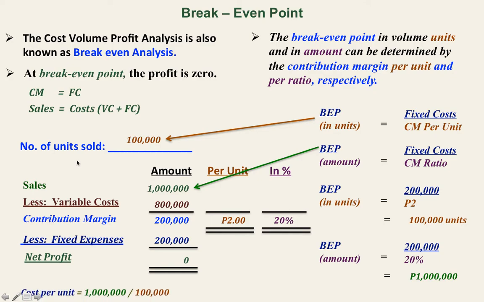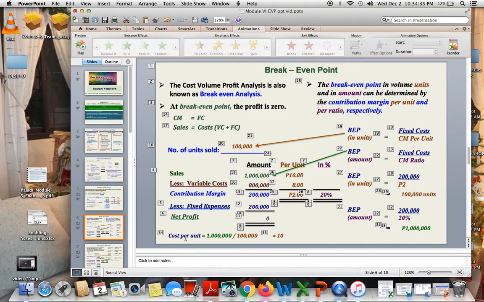So here, the cost per unit, which is the selling price. This is the selling price per unit, let me correct that. That is selling price, not actually the cost.